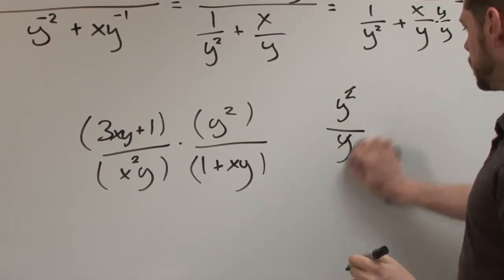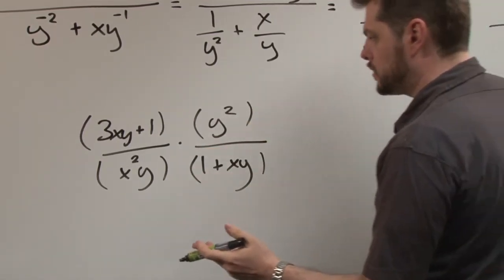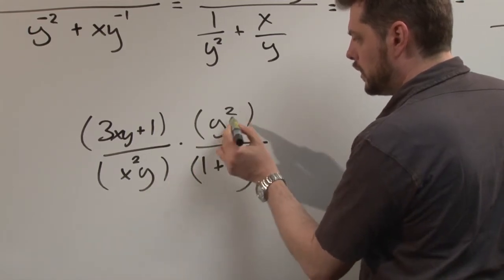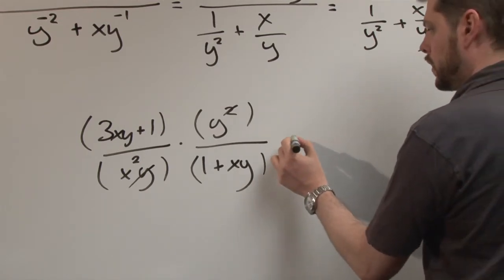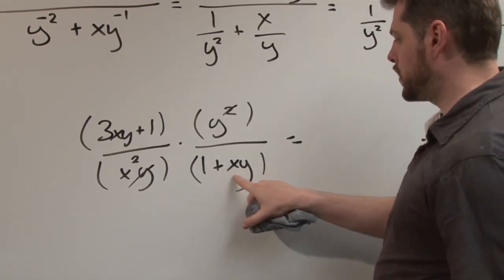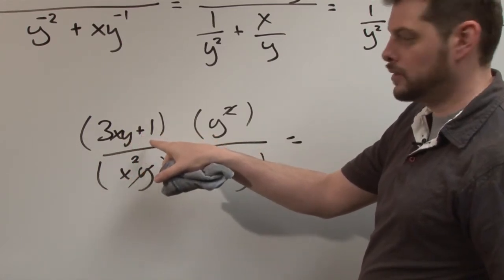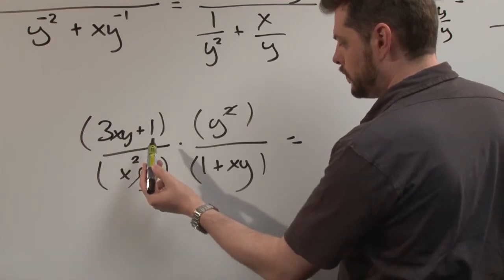So I'm locating these places where I know I'm going to get something to cancel. And I see that I really only have one place where it does, just the y squared and the y. Now I'm looking at this term 1 plus xy, and I note that I have xy plus 1 in my top term here, but these aren't exactly the same terms.